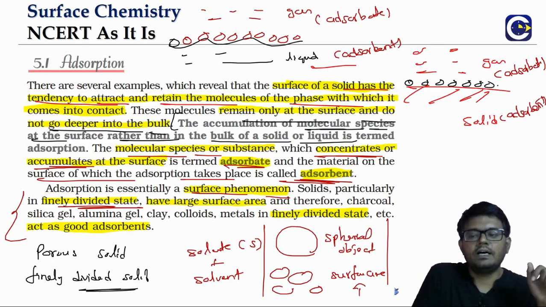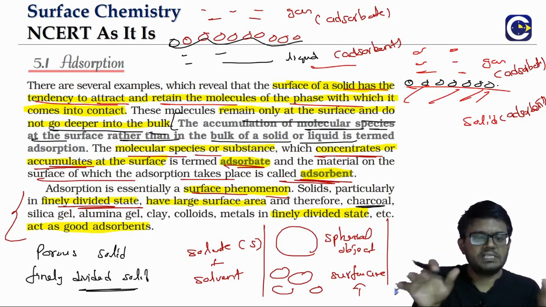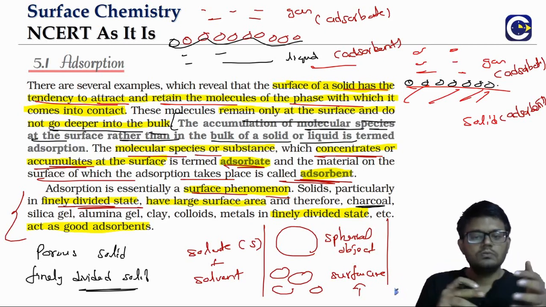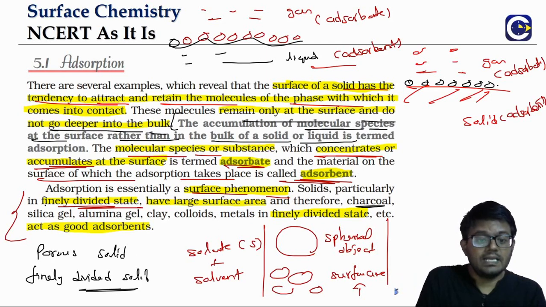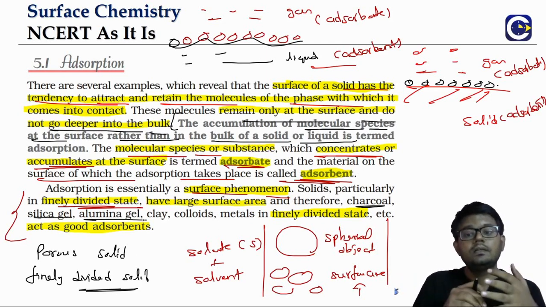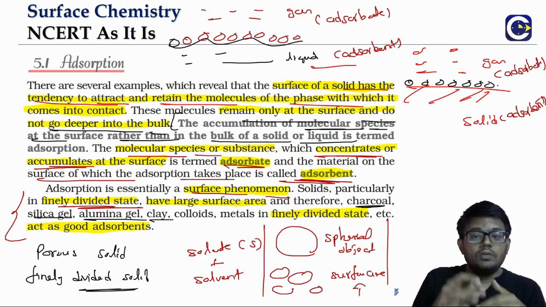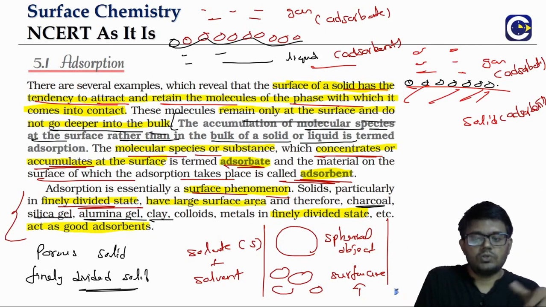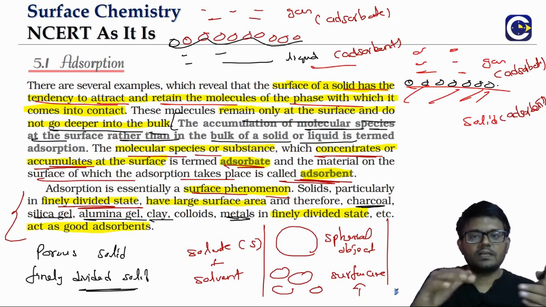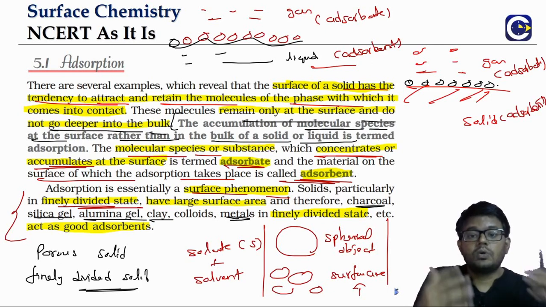So the common adsorbents that we are going to talk about in this chapter are charcoal, even animal charcoal, silica gel, alumina gel, clay, etc. So all of them, when you have the particles finely divided, even metals also, we will see that they will be able to act as good adsorbents.